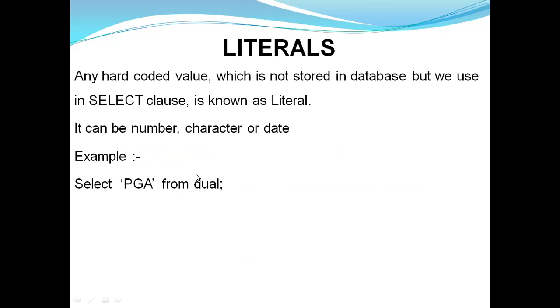Dual is a system table. It does not have any data, and we say PGA. So the result will be PGA, and this PGA is a literal. So it will be selected as it is. You should understand that a hard-coded value, which is not part of the database but which we use in a select clause, is known as a literal. That literal could be a number, character, or date.